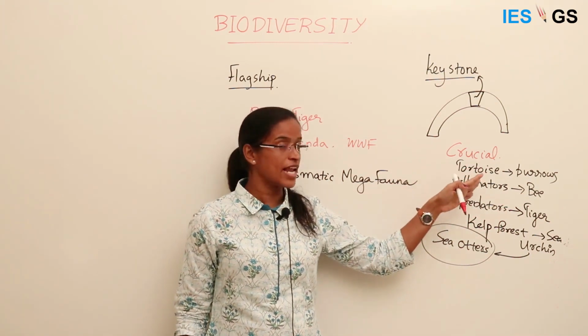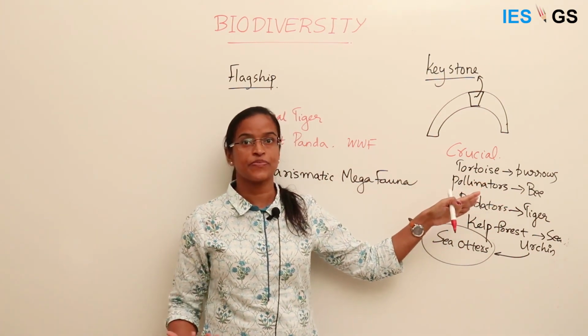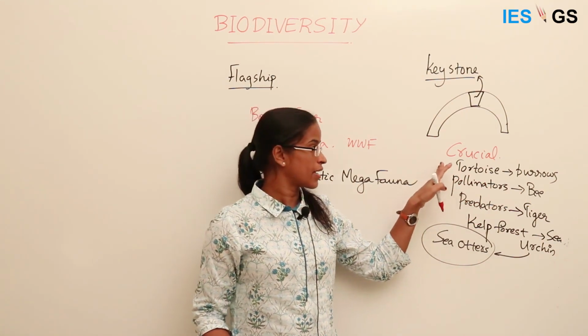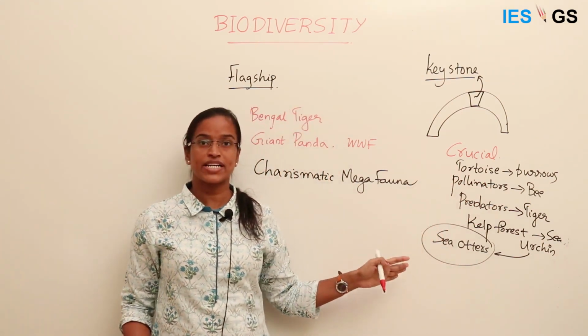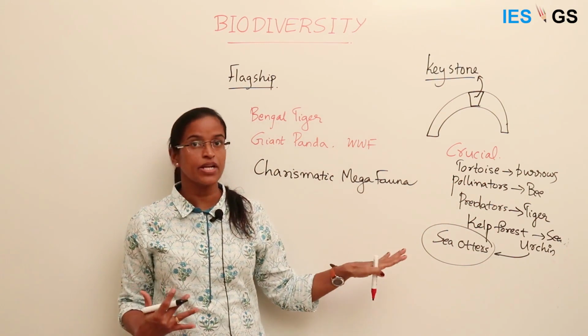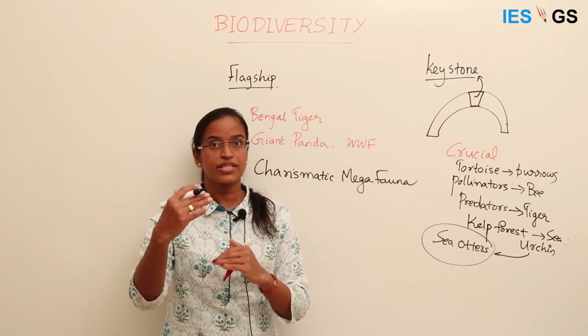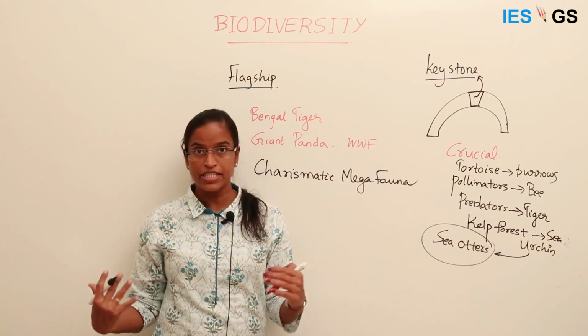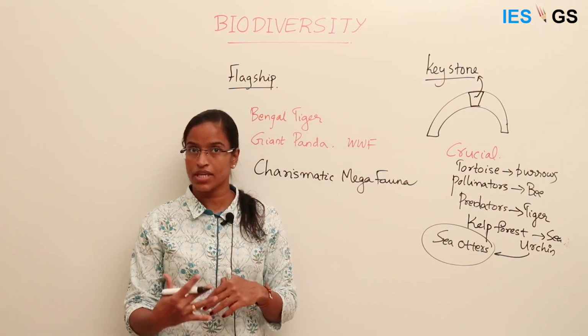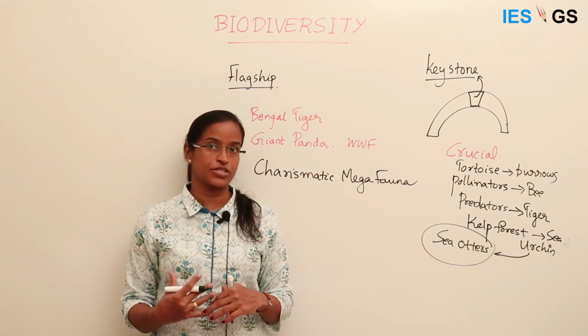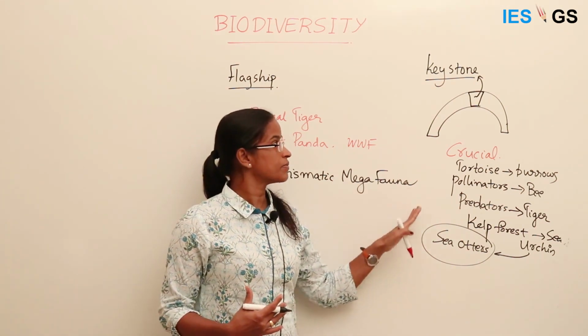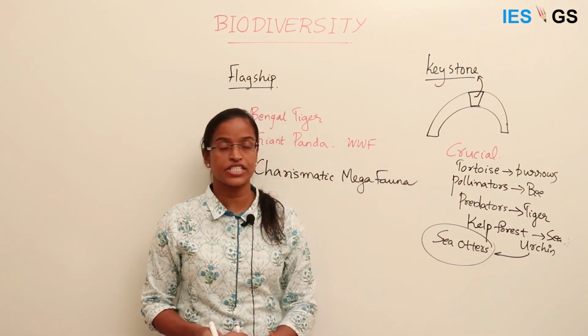That is, this species helps numerous other species. Like that, an animal called the beaver can also be considered a keystone species by some people, because they construct a dam across rivers so that the water will stagnate and many species will thrive in that reservoir ecosystem. So these are the main characteristics of keystone species.